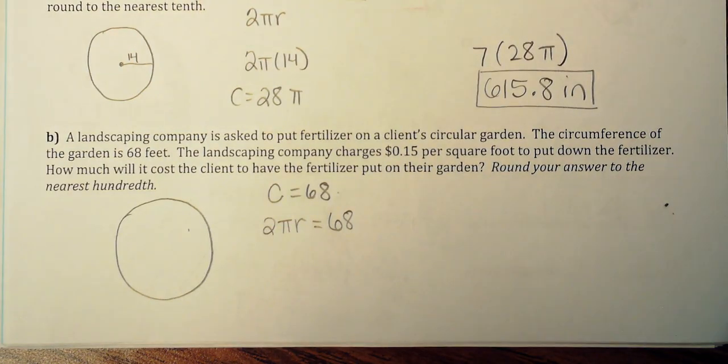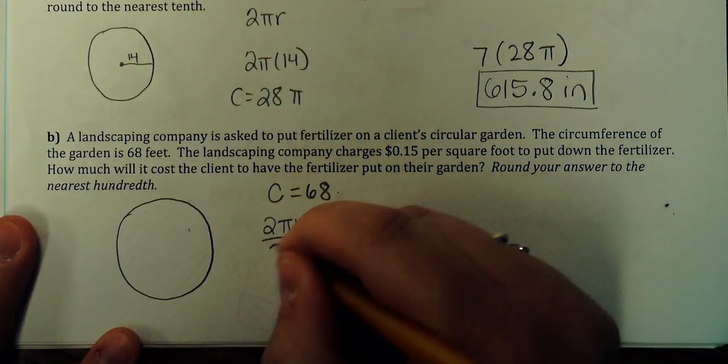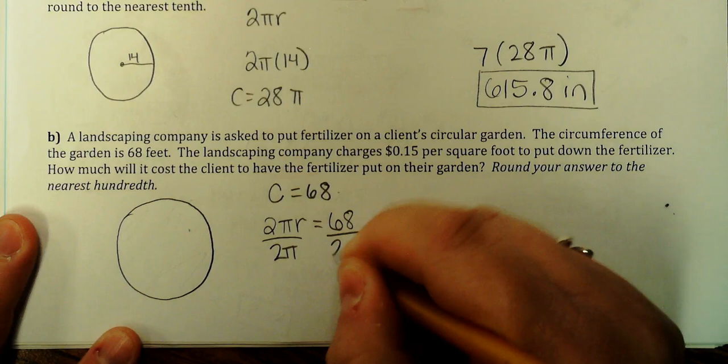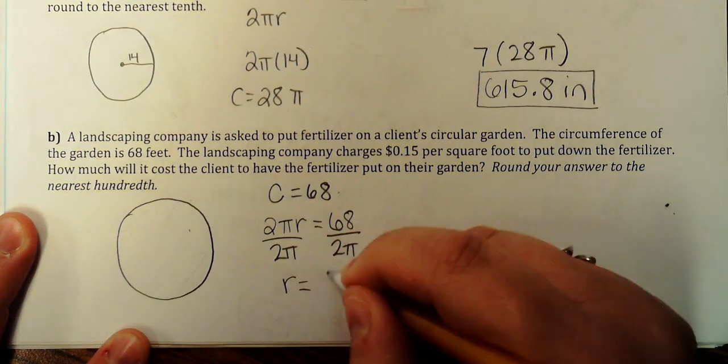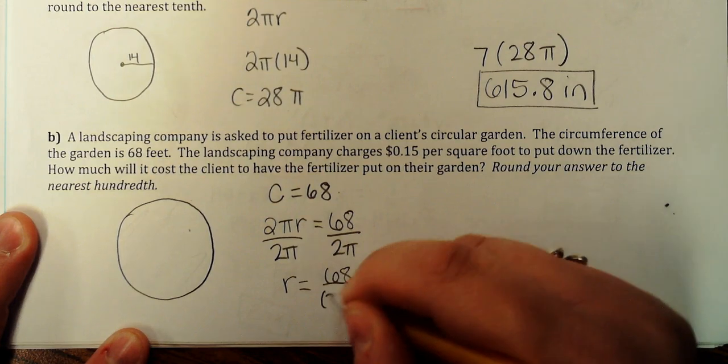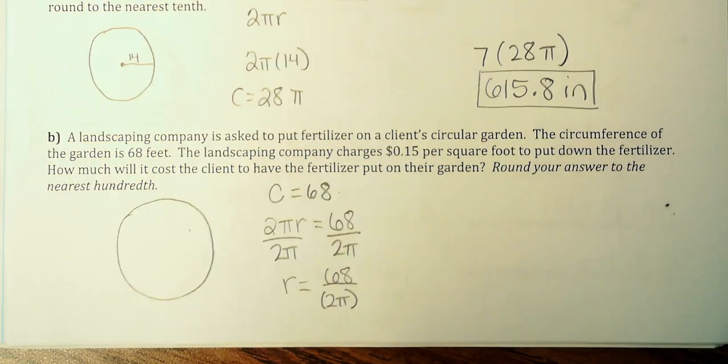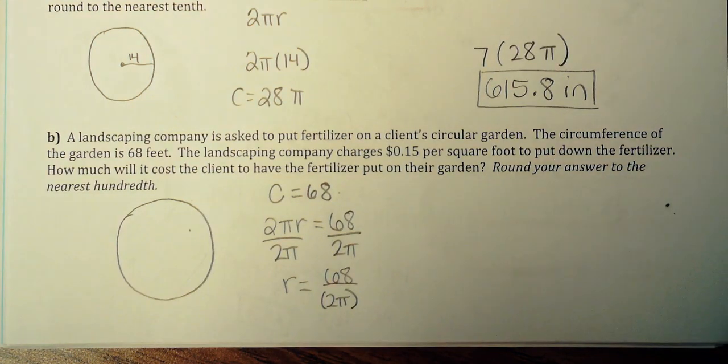The radius of this circle, and this is not going to be a nice number, is going to be 68 divided by 2 pi. I'm going to put parentheses around that because that's going to be important when I put it in the calculator. So that's the radius.